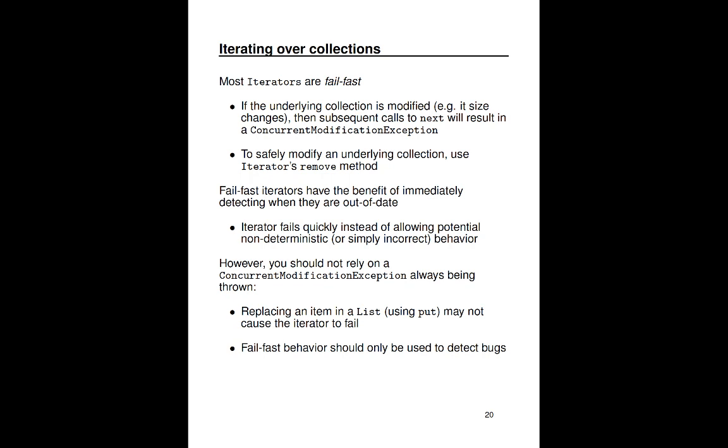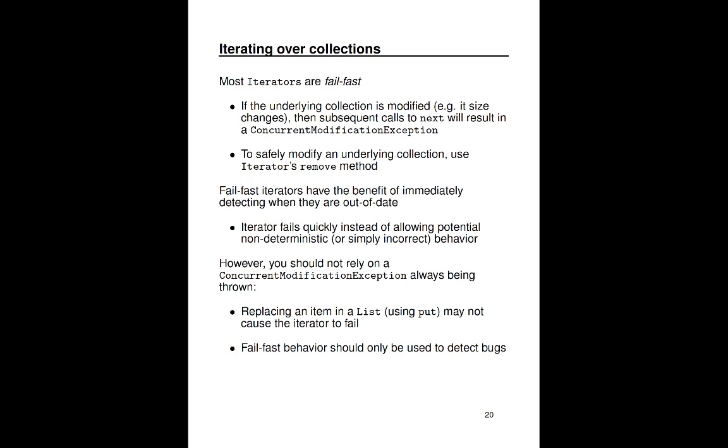The vast majority of iterator objects are said to be fail fast, meaning that if something about the underlying collection changes, let's say its size, then the iterator will throw a concurrent modification exception when you call next, or when you call previous on a list iterator. It can't keep track of it. It loses its place. It gets confused and thinks, something's gone wrong. I don't know if I'm returning you the right result or not. So instead it throws an exception.